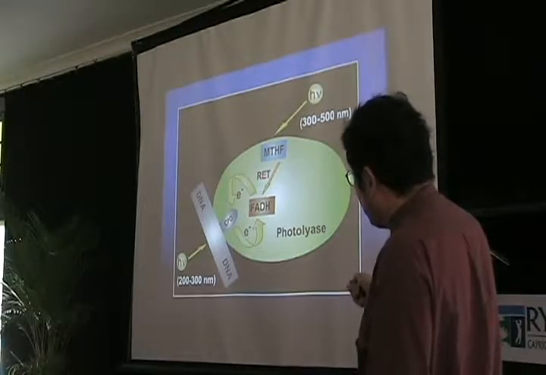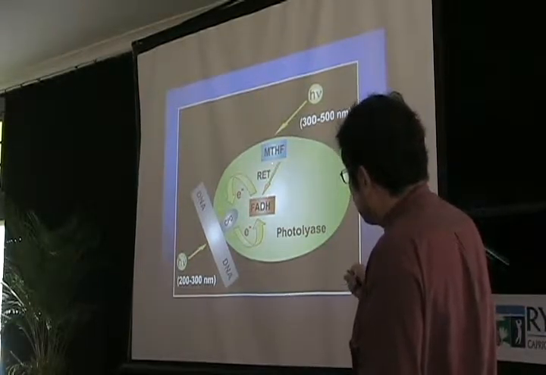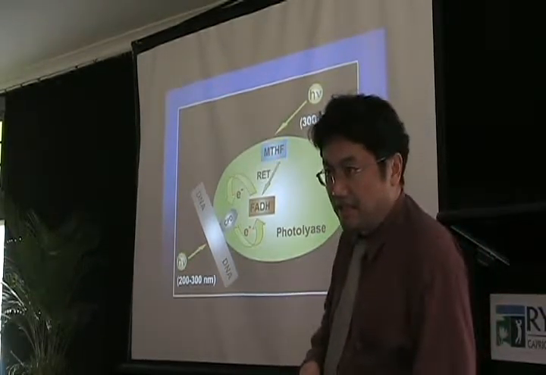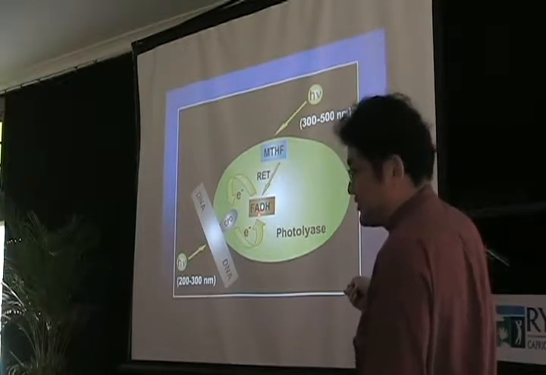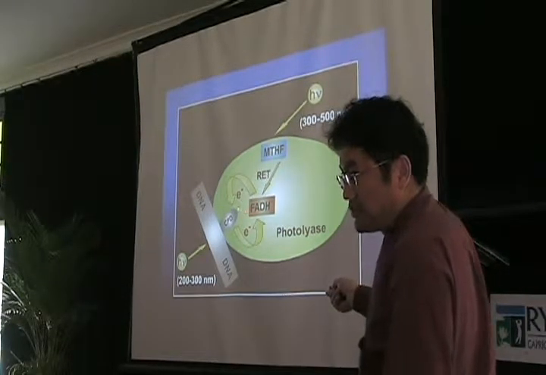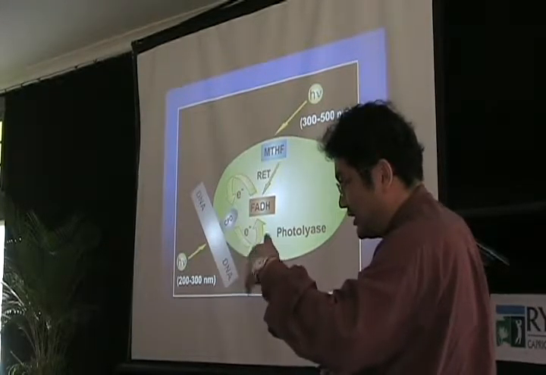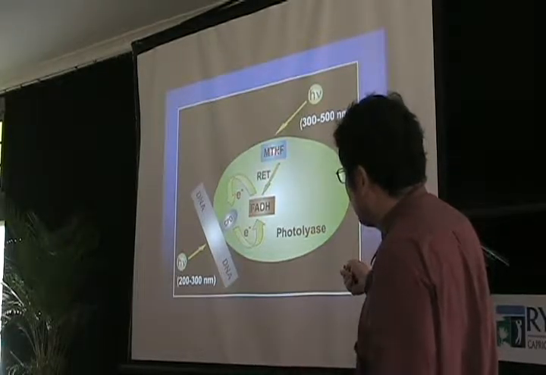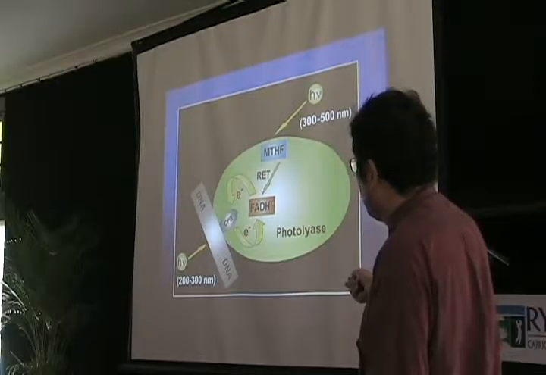And pay attention: practically, you don't need this photo antenna. It only enhances the function. You can also excite the flavin directly, but the absorption coefficient is less. In dim or very weak light conditions, the cell needs this molecule to enhance the absorption. But theoretically, you only need the flavin.